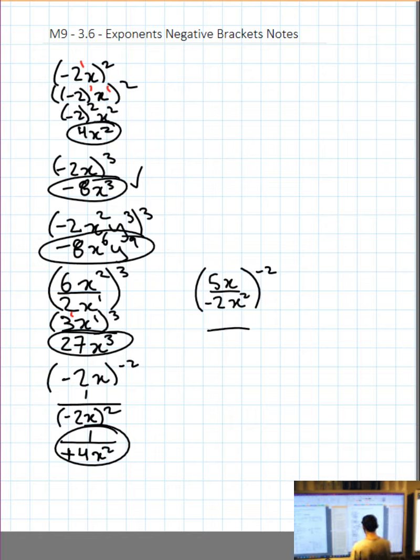I have a negative exponent, so I can flip the fraction and make the exponent positive. Now, I have a negative out in front. In brackets, negative to the exponent squared outside of the brackets is going to be positive. Oh, forgot to set up a fraction.